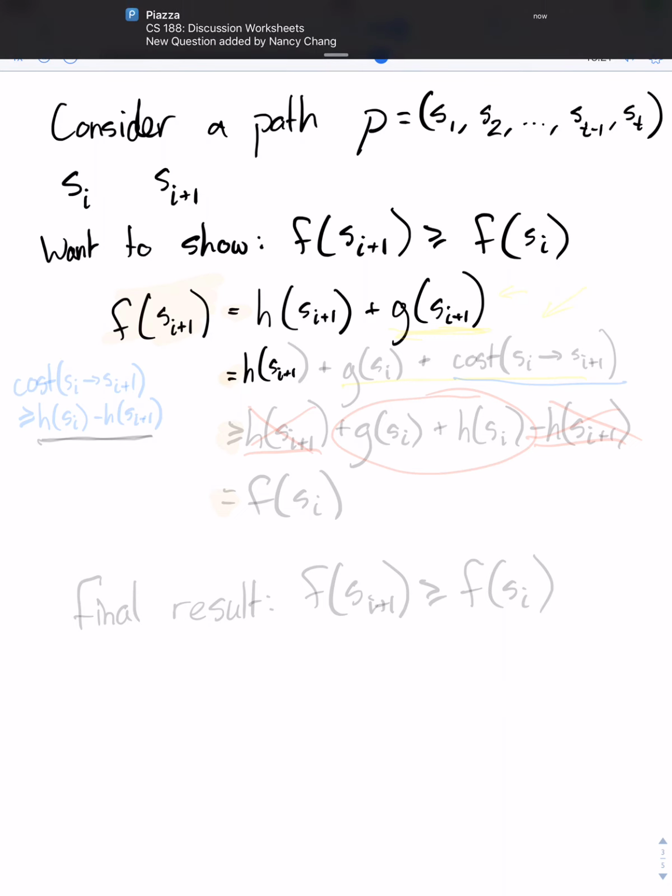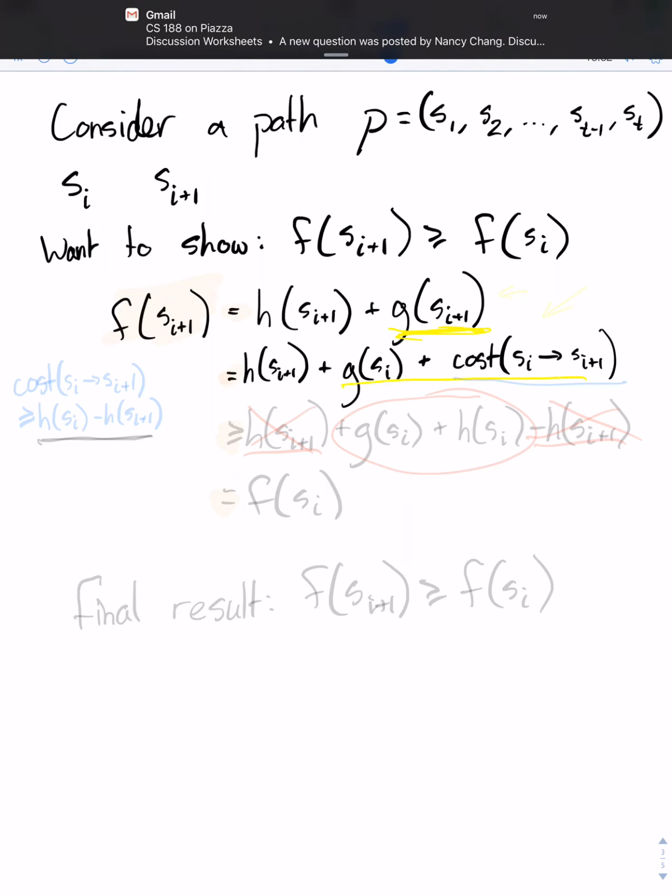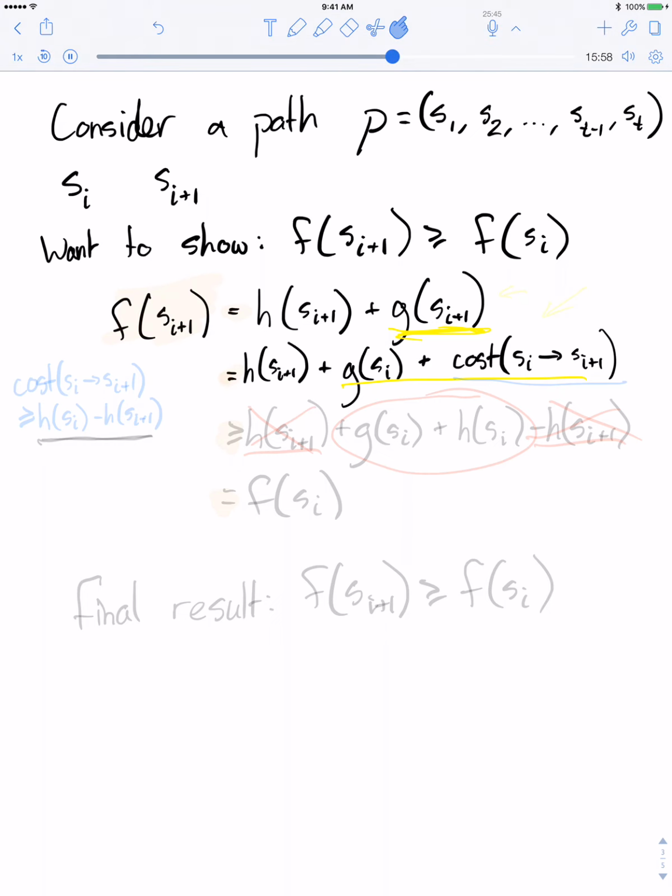So we'll bring that H down, but we can decompose this G right here to be the sum of the costs up to Si, which is G of Si, plus the one remaining cost, which is the cost of getting from Si to Si plus 1. Now, really important that you see this. G of Si plus 1 right here, and G of Si plus cost Si to Si plus 1, those are the same. We've just broken this down into two separate terms.